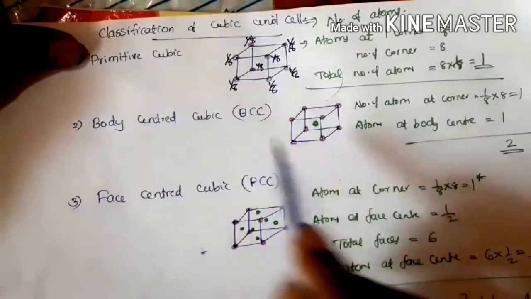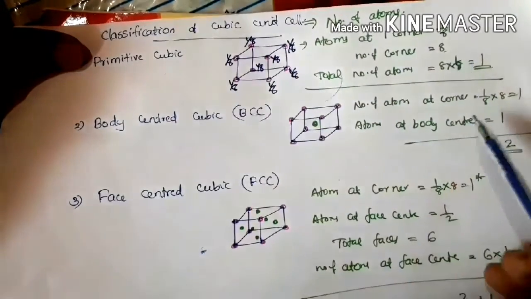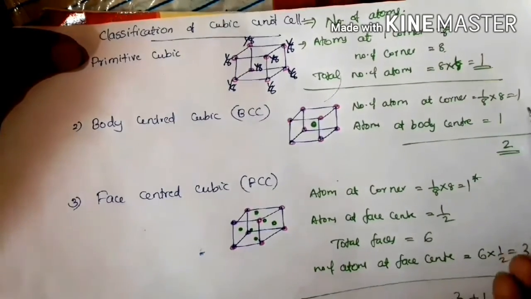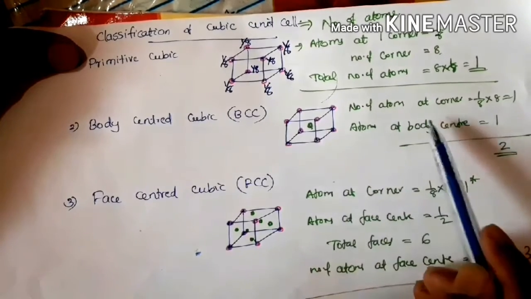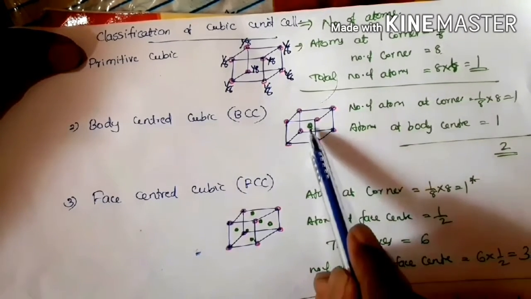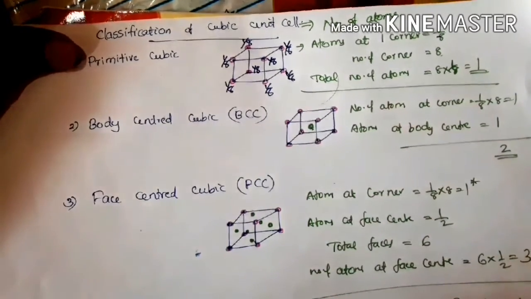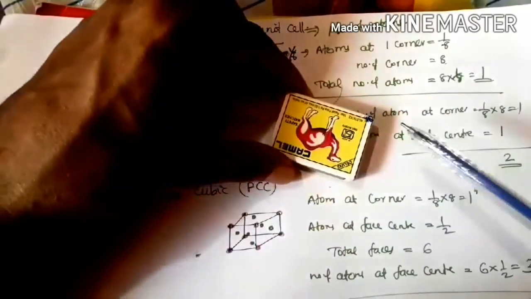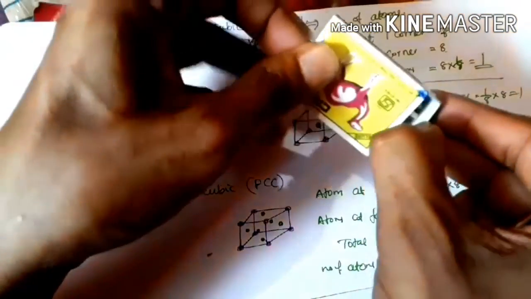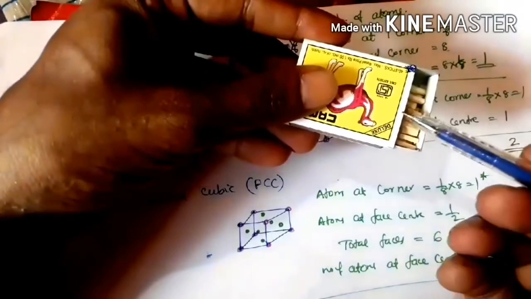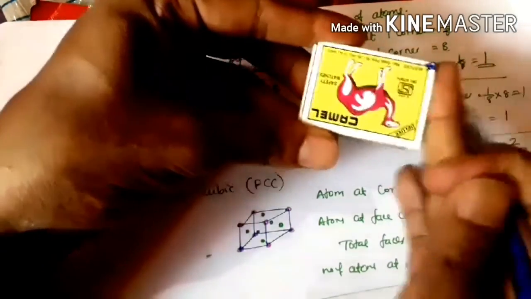Next is body-centered cube. It contains atoms at the corners and, as the name indicates, one at the center. Therefore, the contribution at corners is 1 by 8 into 8, which is 1, and the atom at the body center is 1. This can also be shown using a matchbox. Here is the BCC cube. Atoms are present at each corner, and one atom is present inside the cube at the center.